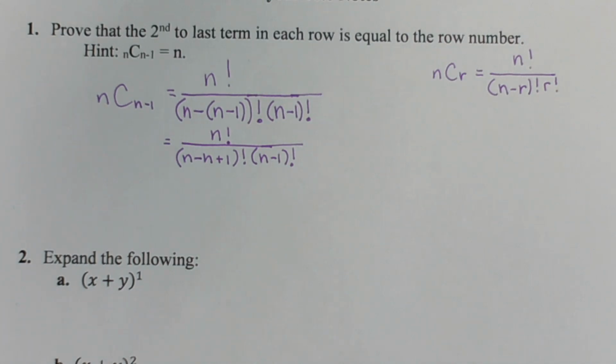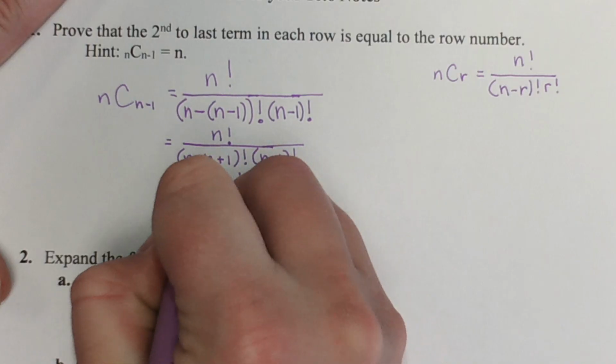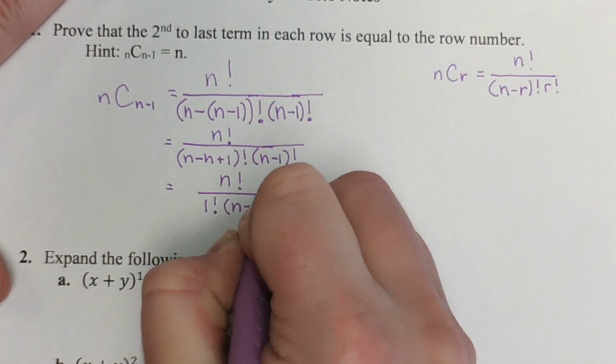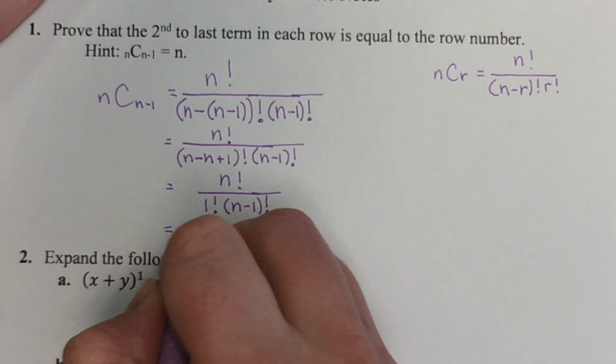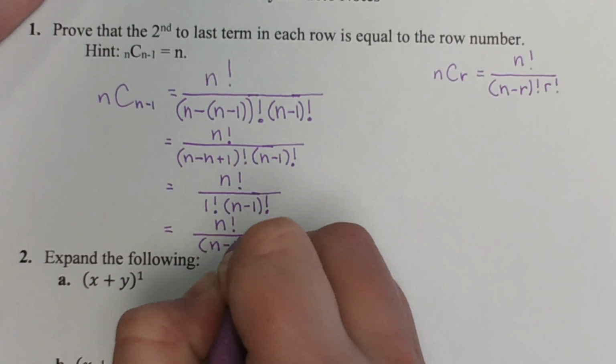What's going to happen to the n minus n? Cancels. I've got n factorial over 1 factorial n minus 1 factorial. And what is 1 factorial? 1. N factorial is currently over n minus 1 factorial.